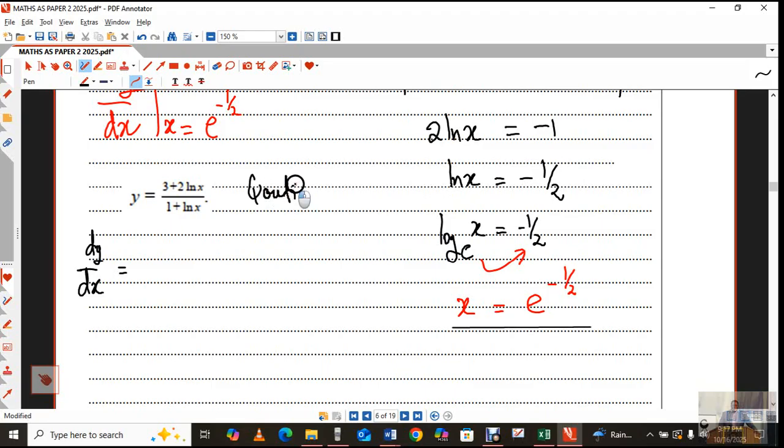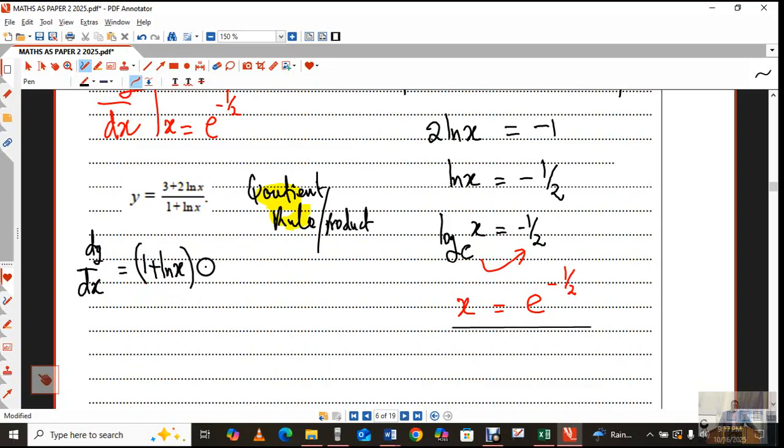Or you can use the product rule if you want to. It's totally up to you, but I'm going to use the quotient rule. Right, the quotient rule, what does it say? It says take the denominator, that is 1 plus the natural log of x. That's low, d high.